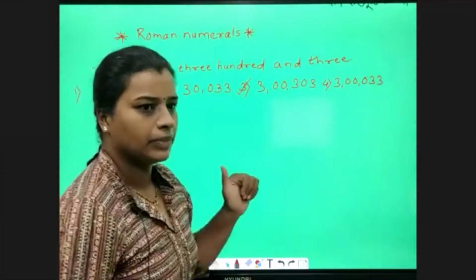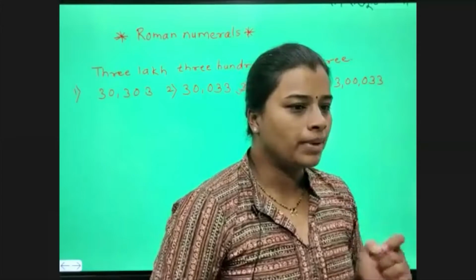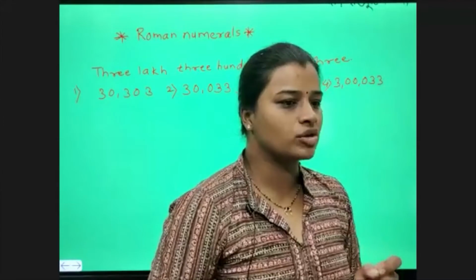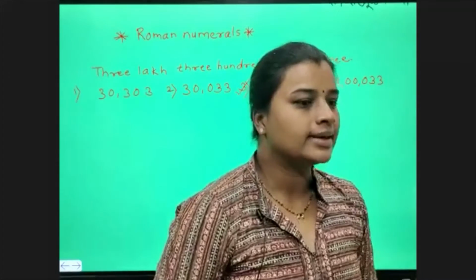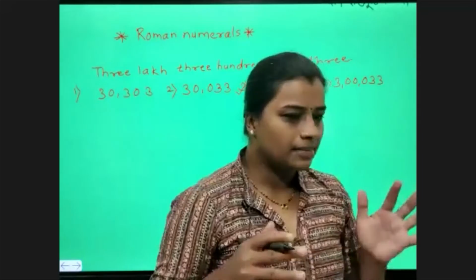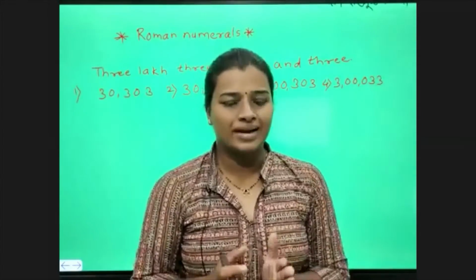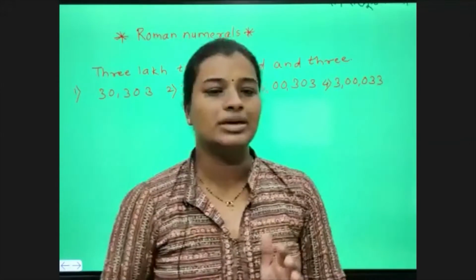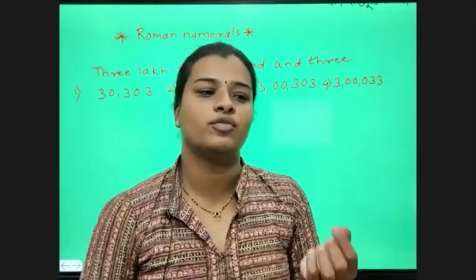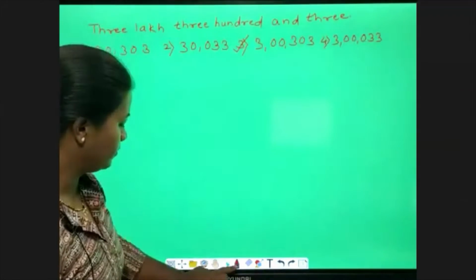Now identify the wrong pair from the given pairs of Devanagari and international numerals. Some pairs are given to you in the question and you have to find out the wrong pair, not the right one.